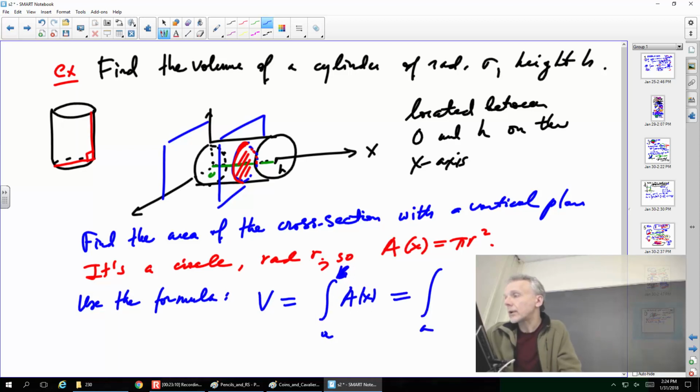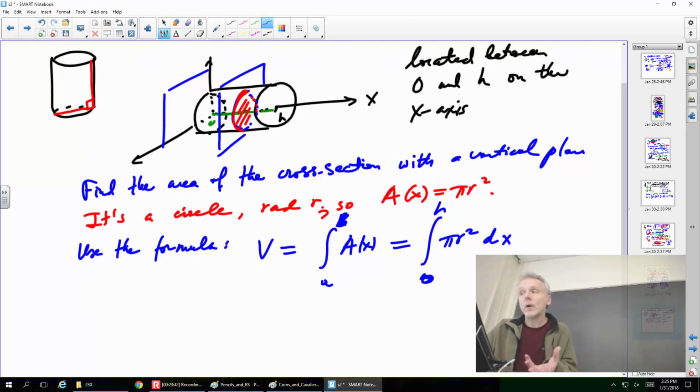Now we substitute: integral from 0 to h of pi r squared, d what? dx. It's not dr. Why? Because r is not changing. As we're moving along x, there is no change of our cross section. There is no change of our area function. It turns out the function does not depend on x. It's good news, certainly.